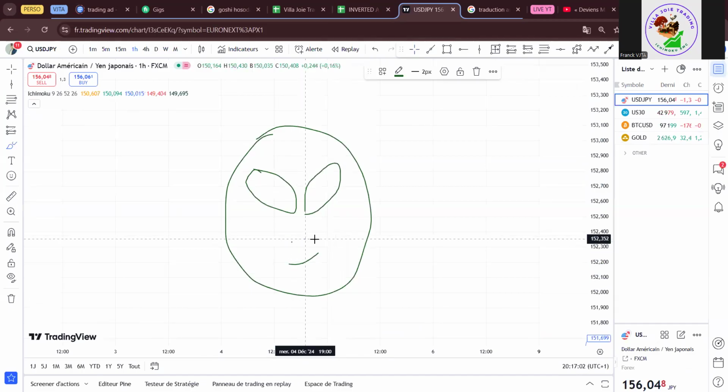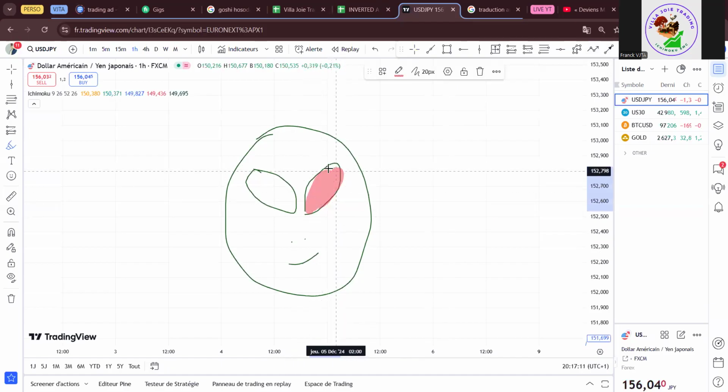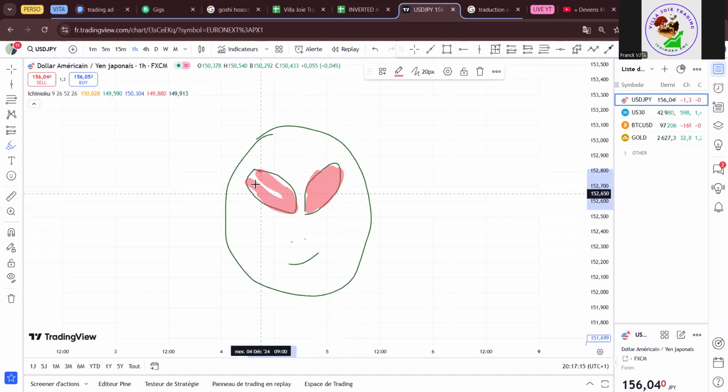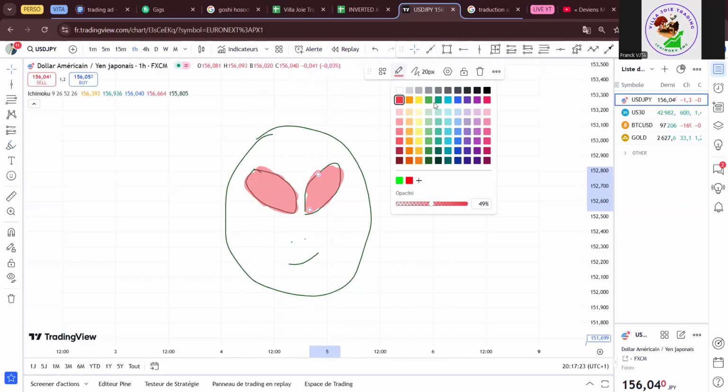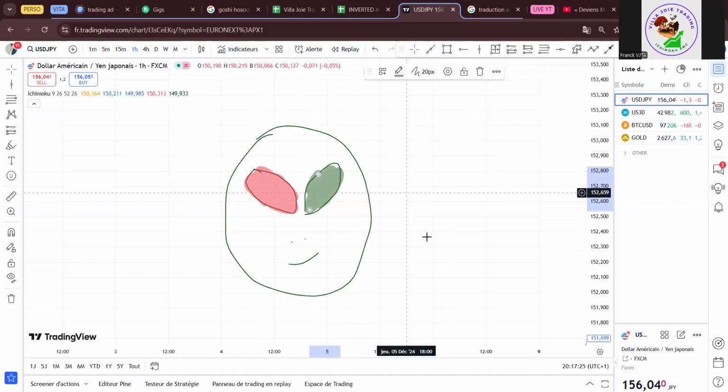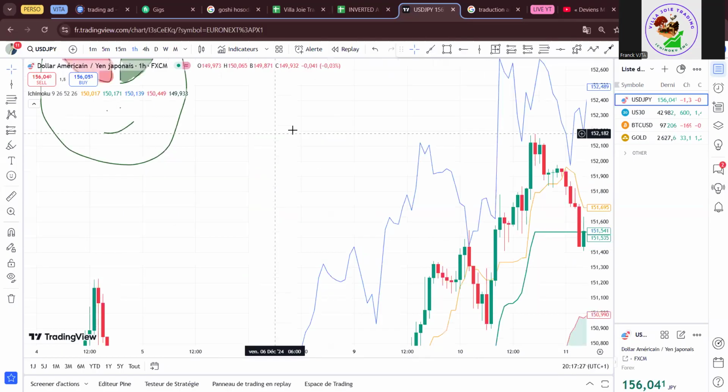If you have a mouth or nose, I don't know. So Fufu is this part of the cloud that looks like this, and that has a color inside like this. Sometimes it can also be green. Fufu is like a food, an African food. For those who don't know, if you type fufu, this is it.